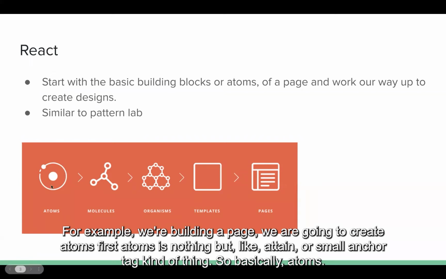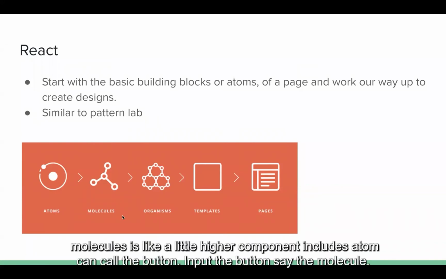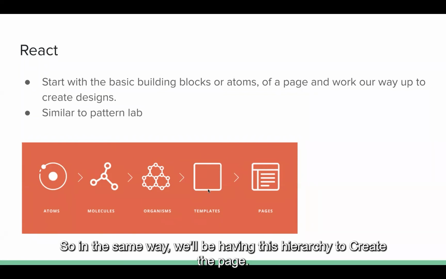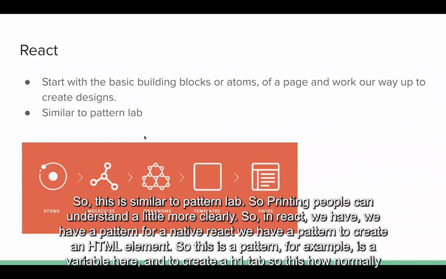After that, molecules. A molecule is a little higher component than the button. We build some higher component, and we can import the button inside the molecule. In the same way, we have this hierarchy to create a page. So this is similar to Pattern Lab, so front-end people can understand it a little more clearly.